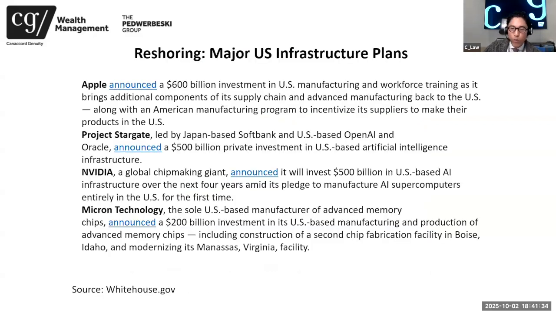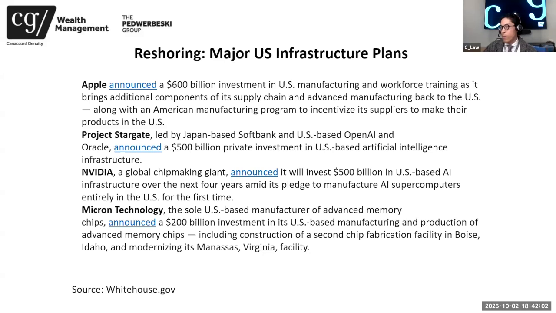Here's a list of companies who have recently made commitments to reshore manufacturing in the US. All of this is in 2025. So you can see that Apple announced a $600 billion investment in terms of manufacturing. Project Stargate, which is a consortium led by SoftBank, OpenAI, and Oracle, announced a $500 billion private investment in artificial intelligence infrastructure. NVIDIA is committed to $500 billion over the next 4 years for manufacturing and AI supercomputers.